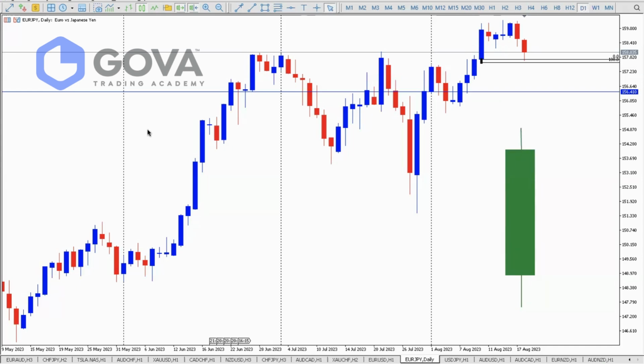We all know what wicks are. So let's say the wicks of the bullish candlestick are here. In a bullish candlestick, the opening is here, right? The closing of the candle is here, isn't it? Yes, sir.